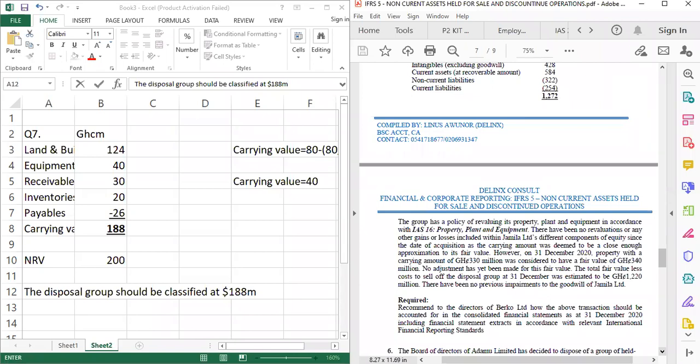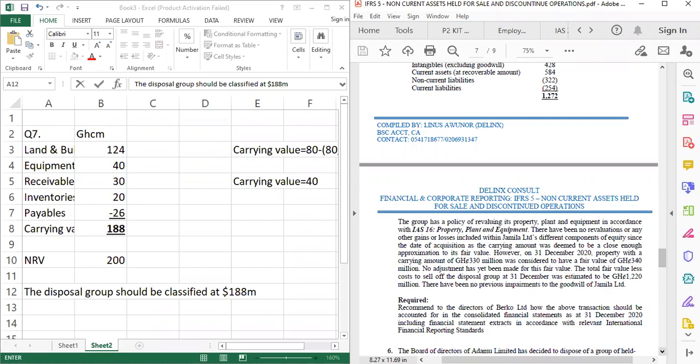The group has a policy of revaluing its property, plant, and equipment in accordance with IAS. There have been no revaluation or any other gains or losses included within different components of equity in Jamila Limited since the date of acquisition, as the carrying amount was deemed to be a close enough approximation to its fair value. However, on 31st December 2020, property with a carrying amount of 330 million was considered to have a fair value of 340 million. No adjustment has yet been made for this fair value.